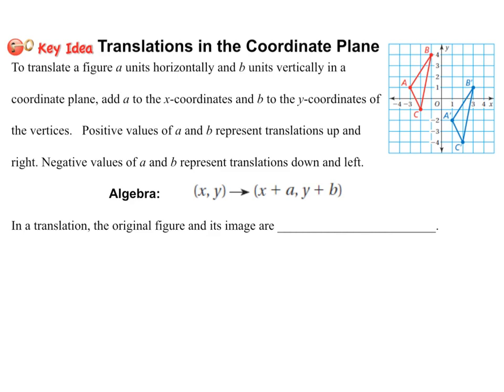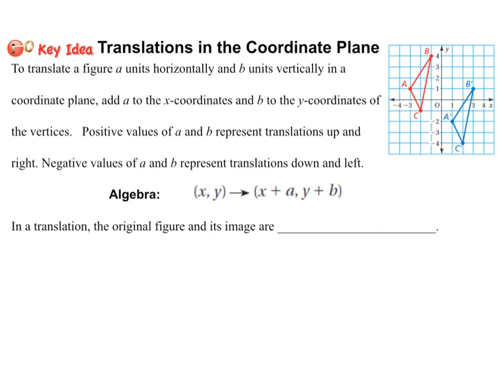It's just an adding situation. Positive values of A and B represent translations up and right. Negative values represent translations down and left. So if you had a point x comma y, your horizontal movement would be added to the x, that's A. Your vertical movement would be added to the y, and that's B.